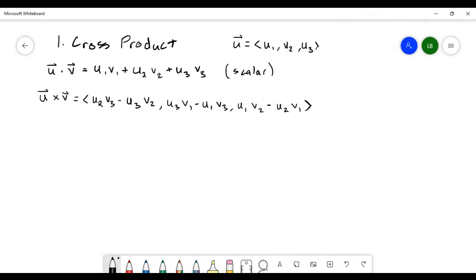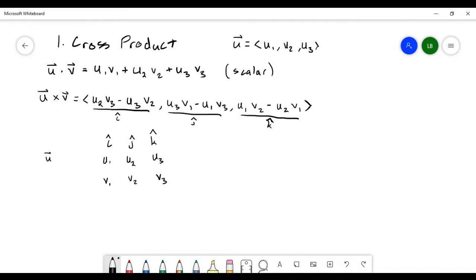A helpful way I like to think of the cross product is by looking at the unit vectors. So we put our first vector, vector u, right here. Each component of our vector is associated with a standard unit vector: the first component is like component i, the second one component j, and the third one is associated with k.